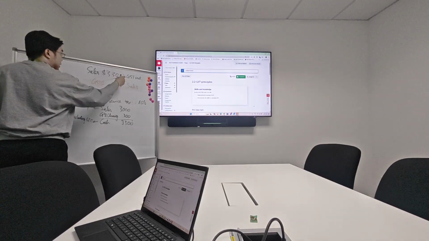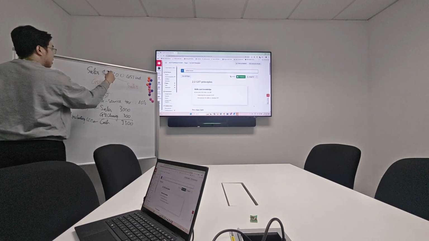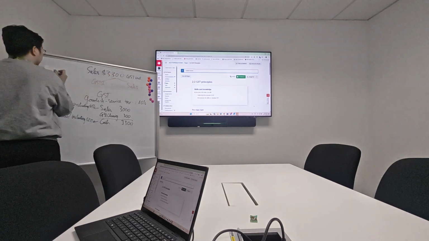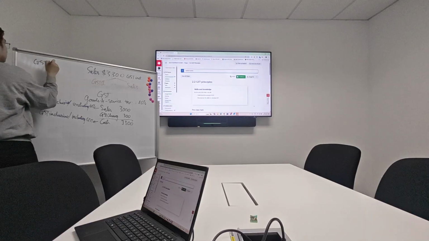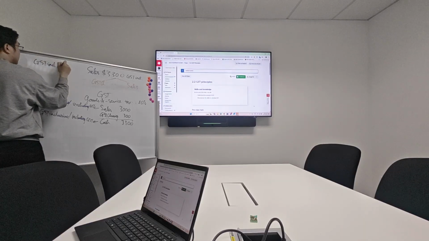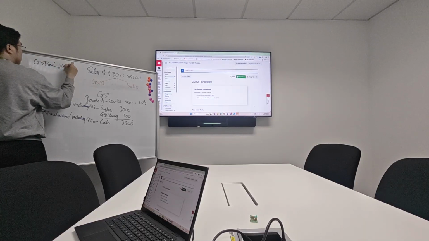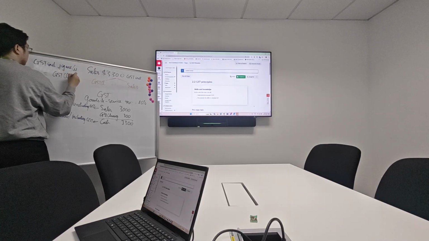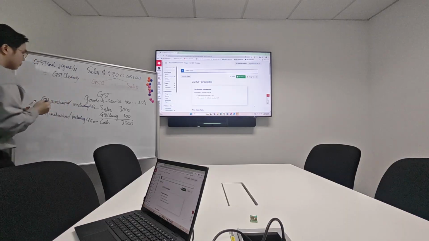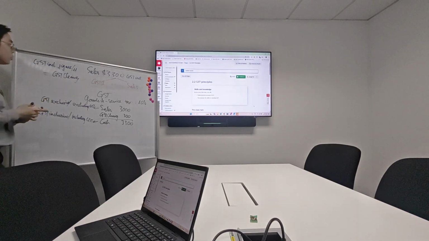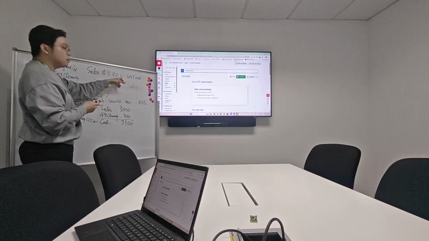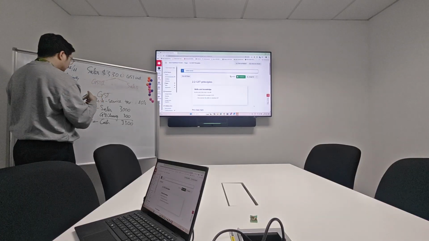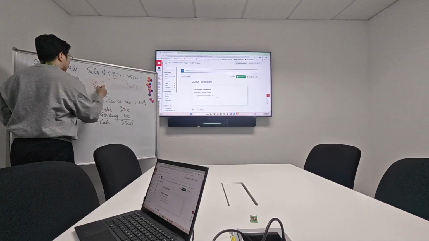You take this GST inclusive figure divided by 11 equals GST clearing. Okay? So 3,300 divided by 11, immediately you can easily figure it out.